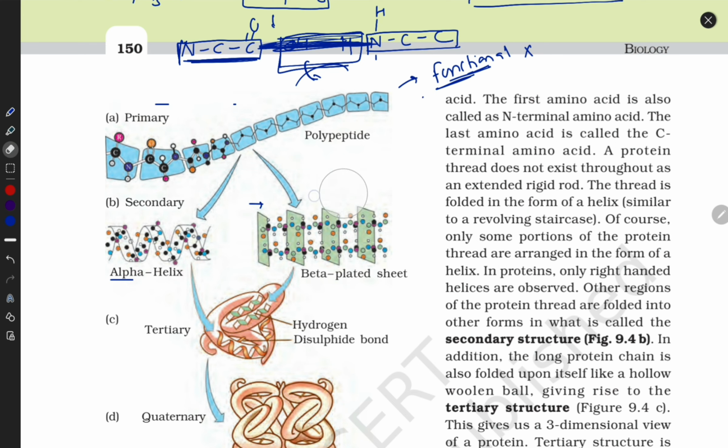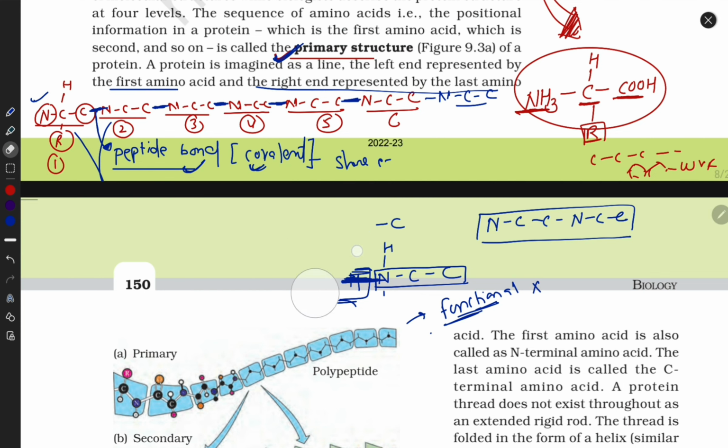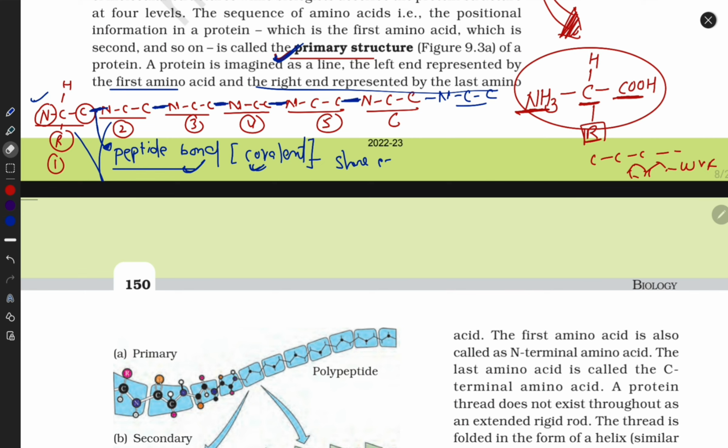Look at me guys, I'm explaining. Listen to me guys, what happened with this chain, I'm explaining here. We know that this is the linear structure, but this linear structure is not functionally active.